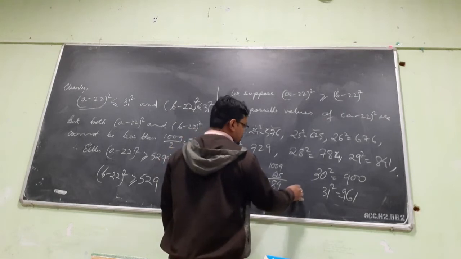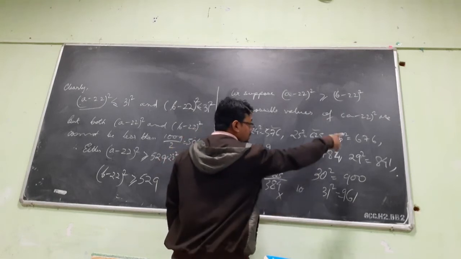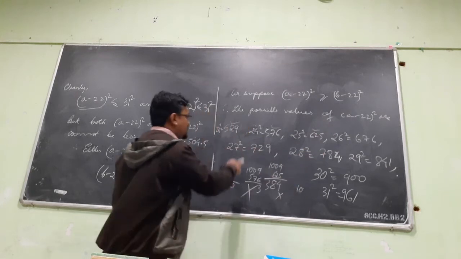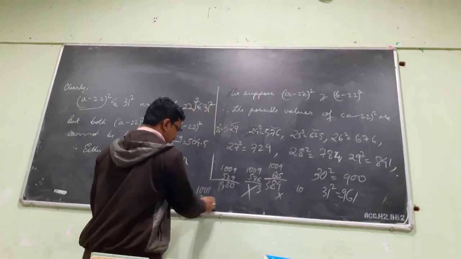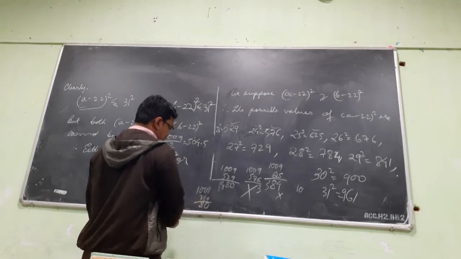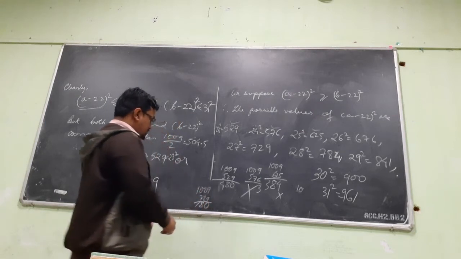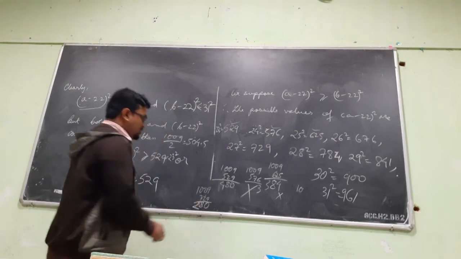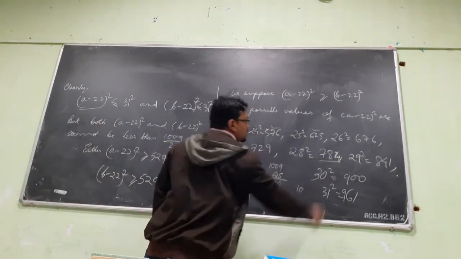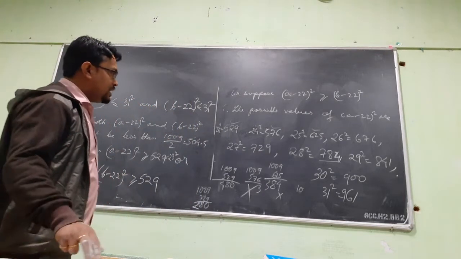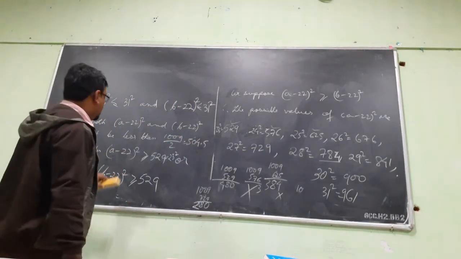Then 26 square, 676: the difference has unit digit 3, not a perfect square. 1009 minus 729 is 280, not a perfect square. So only for 784 is it a perfect square.